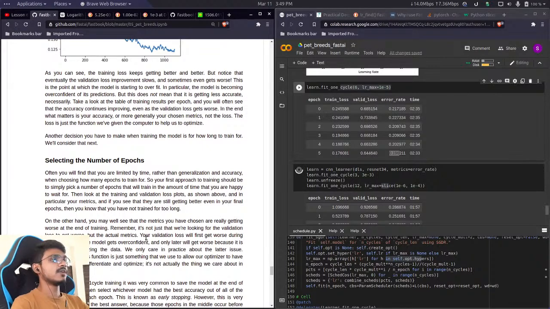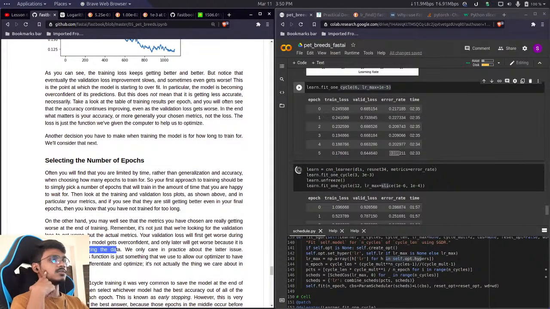and your validation loss will first get worse during the training because the model gets overconfident, and only later will get worse because it is incorrectly memorizing the data. We only care in practice about the later issue. We care about it not incorrectly memorizing the data.